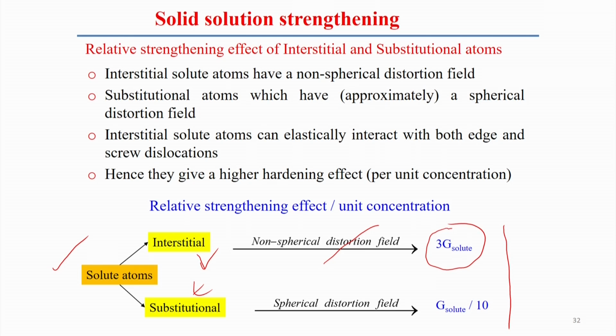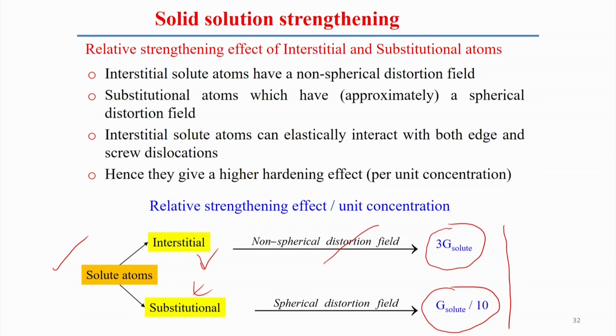In the presence of the substitutional solid solution, the strengthening effect is around G by 10. So in the second case, since it creates a spherical distortion field, the strengthening effect is less as compared to the interstitial solid solution.